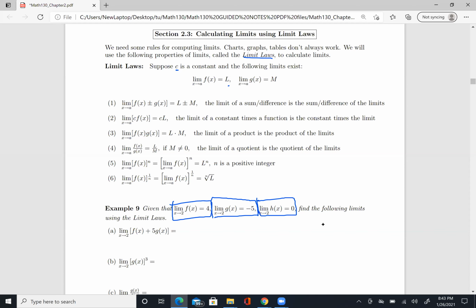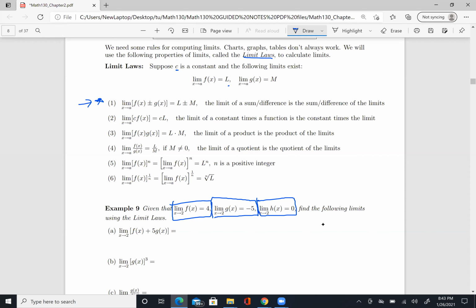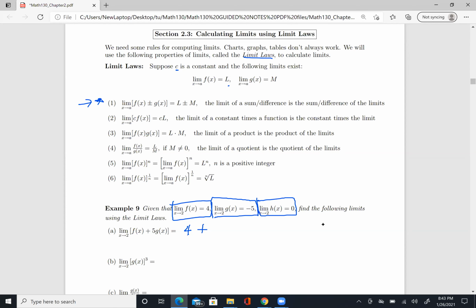So apply the limit laws. For this one I'm going to apply the first one, so you're going to have 4 plus 5 times the limit of g(x). This also comes from number 2, so you multiply 5 by the negative 5.